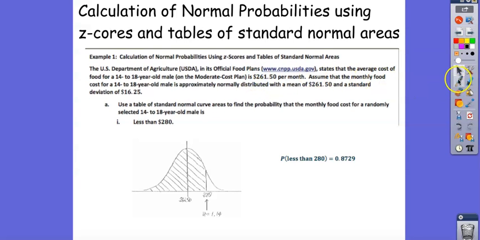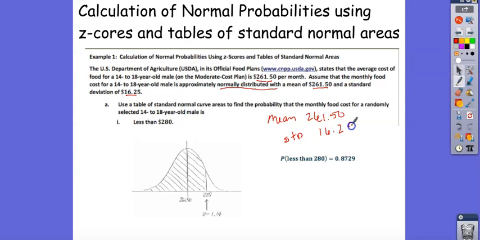There's my mean. Assume the monthly food cost is normal. You have to know that it's normally distributed. And here's my mean, and it has a standard deviation of 16.25.